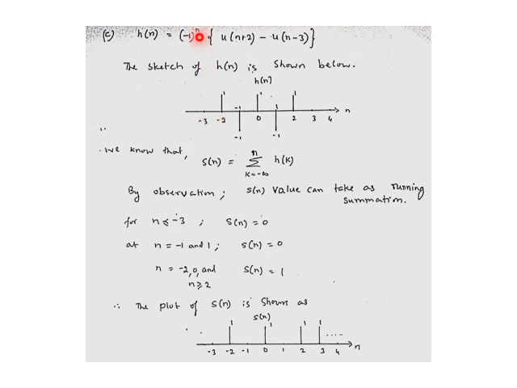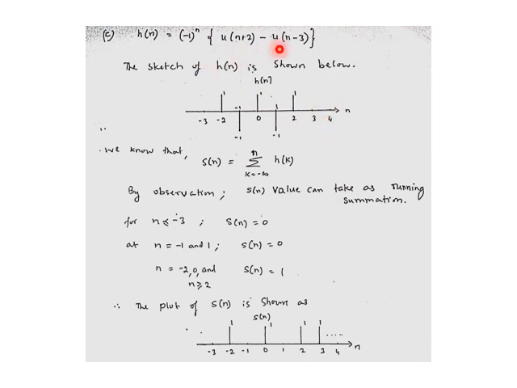When n equals minus 1, we have minus 1 itself. When n is equal to 0, we have 1. When n equals 1, we have minus 1. When n equals 2, we have plus 1. When n equals 3, this is 0, since 0 times anything is 0.